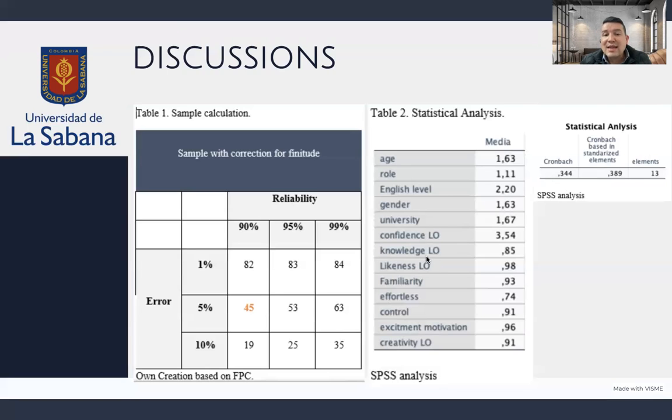We could explain this issue because these categories are too broad to correlate with each other. So that's why we have a really low score, but it's not because of the reliability of the instrument, it's because the categories are too broad, too deep, too condensed to have a correlation between them.